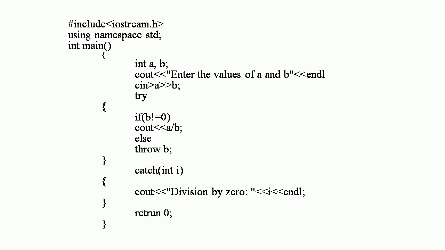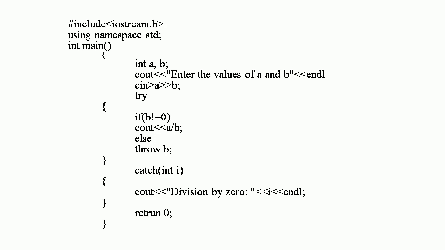What is the catch, the exception, what is the main mode of these functions? What is the catch, what is the try? Once again you repeat this one. Exceptions are runtime anomalies or unusual conditions that a program may encounter during execution.